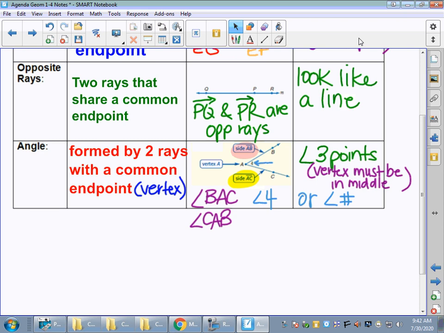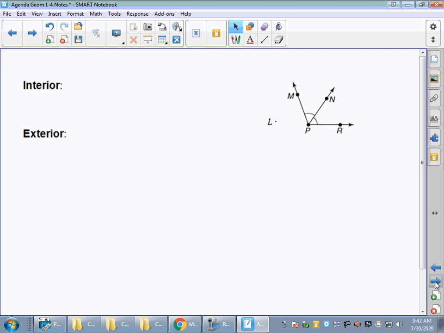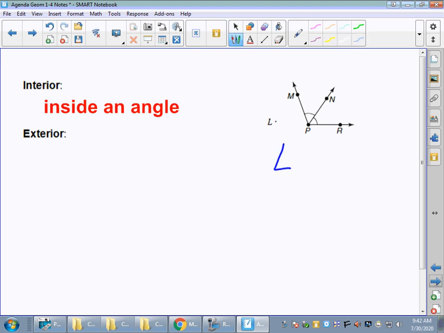So again, the biggest thing in this section is seeing what an angle is, identifying it, naming it, and being able to use those. So interior and exterior, everybody knows these terms, right? You know what interior is. Interior means inside. So if I was talking about angle MPR, I'm going to highlight angle MPR.